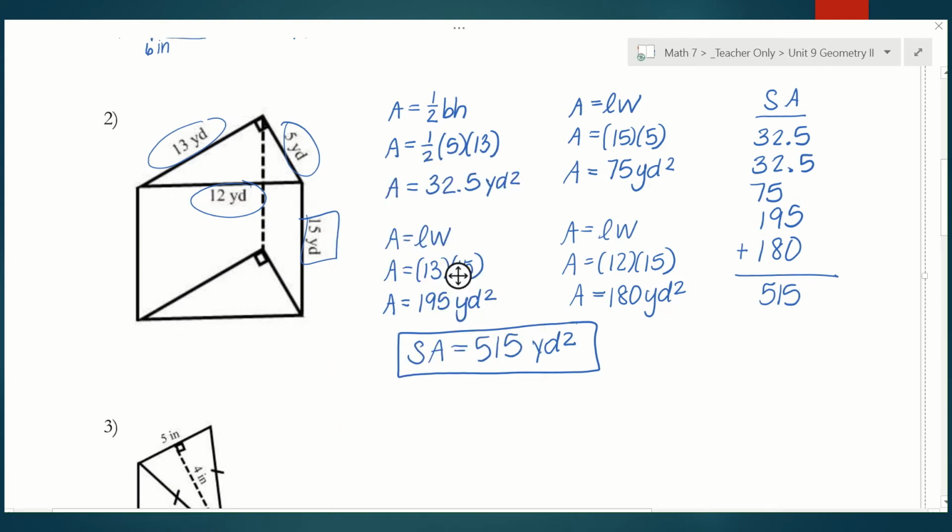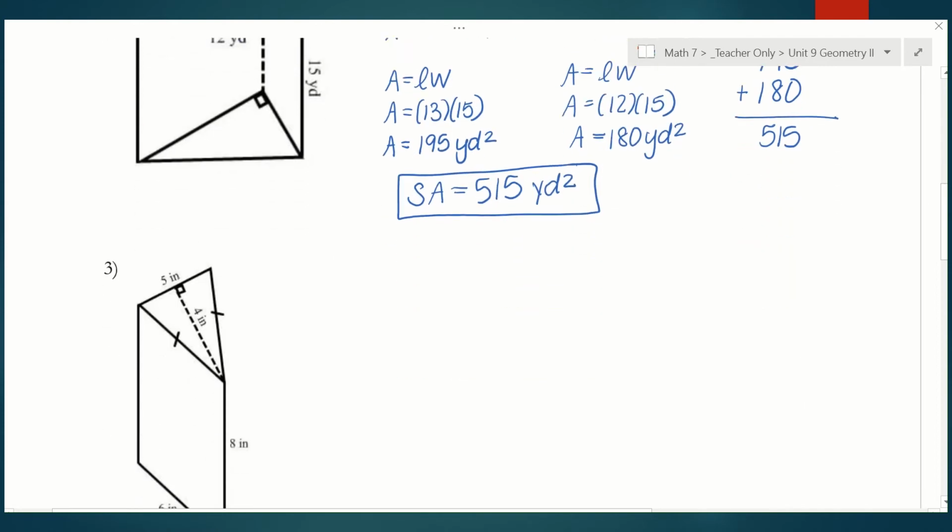So that's kind of a nice way to, if you have a hard time visualizing the sides, you can never go wrong if you can just do each side of the triangle times the height of your rectangle there. You'll always get the right areas. Okay, so that's another way to look at it.